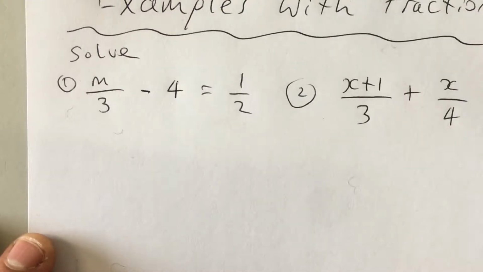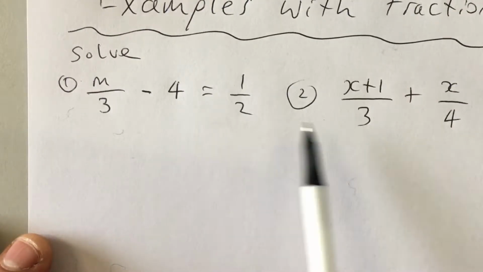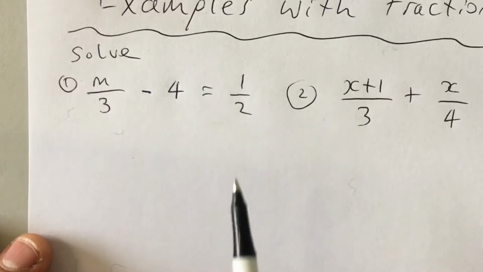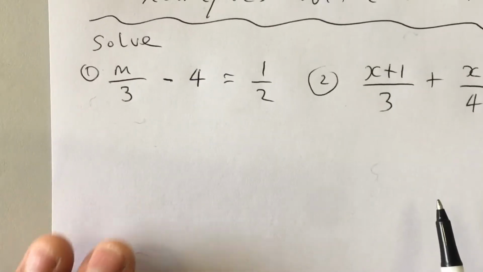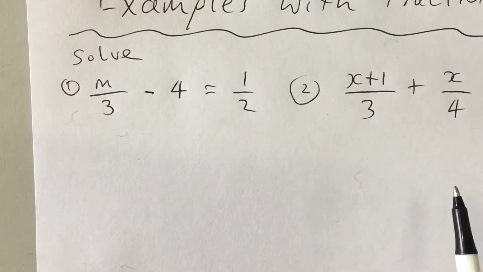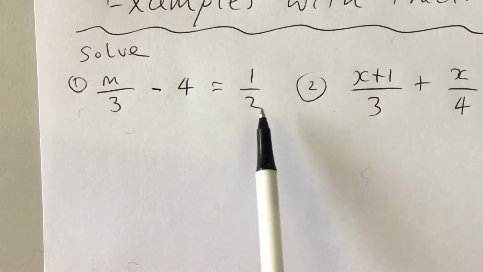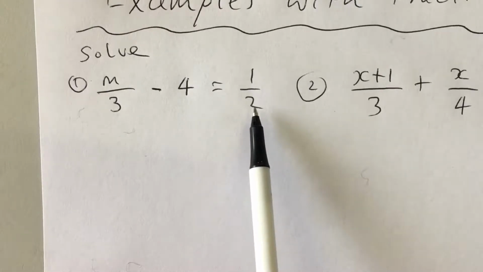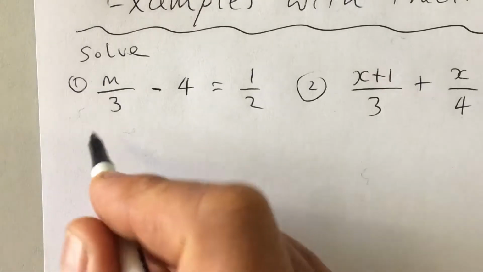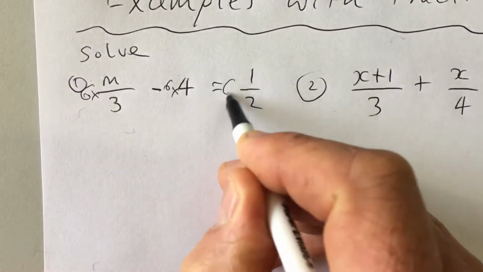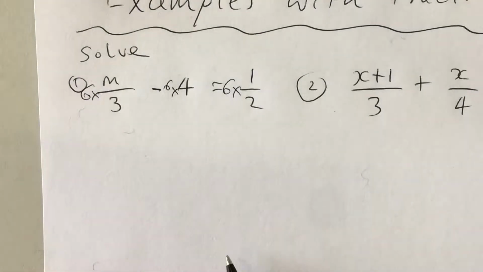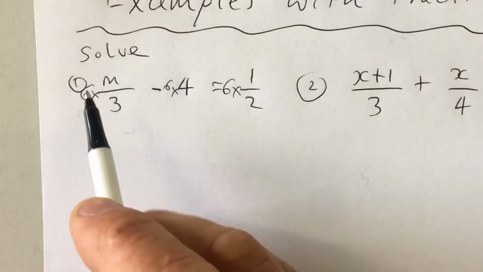Now, if I was doing questions like this, where there are two different denominators, 3 and 2, and this one over here is a 3 and a 4, I strongly recommend that you multiply by a number that will get rid of the denominators, in this case the 3 and the 2. In other words, the lowest common multiple of 3 and 2, which is 6. And I think you're better off putting the 6 times in front of each of these things. Luckily, it's exactly what the textbook does, just in case you're trying to follow that as well.